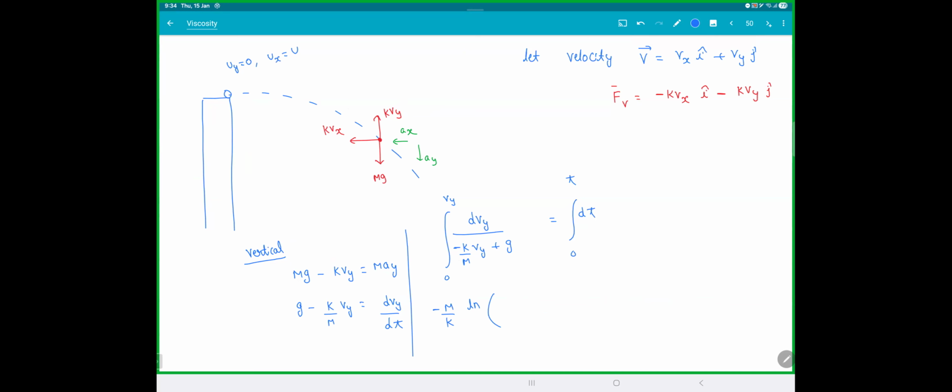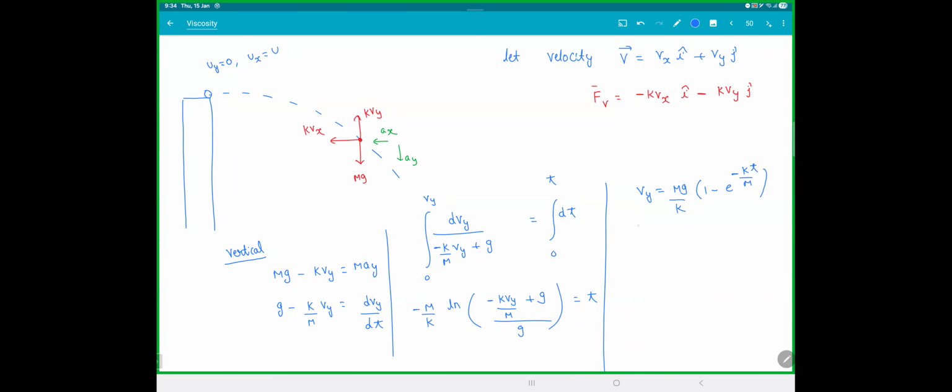When you put vy, you get the same thing. But when you put 0, you get a g there. So minus k vy by m plus g, divided by g, is equal to e to the power of minus kt by m. So we get vy equals mg by k times (1 minus e power minus kt by m). That's your vy, everyone.